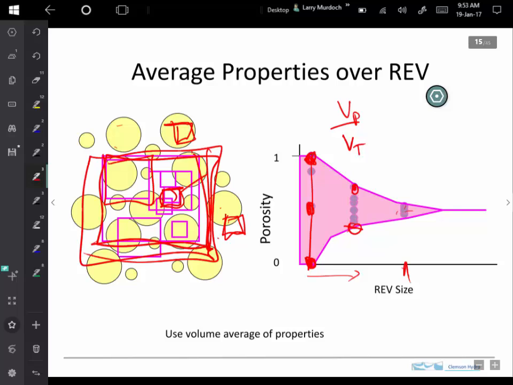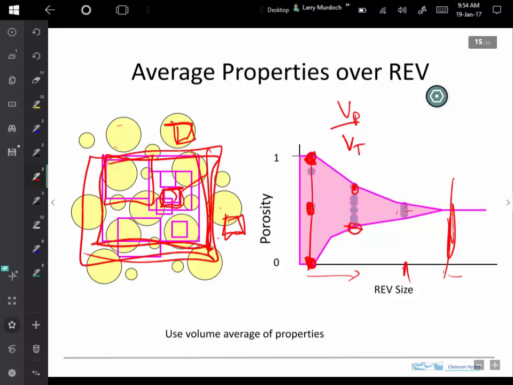And so we're out here, and at that averaging volume, porosity is a meaningful property because it's describing the porous media in a way that's not really changing with space. Okay, so that's pretty good.